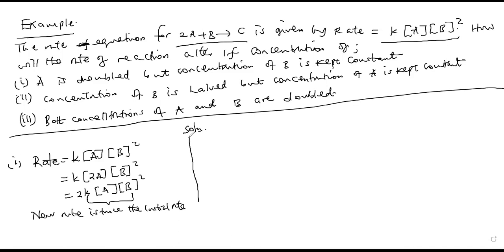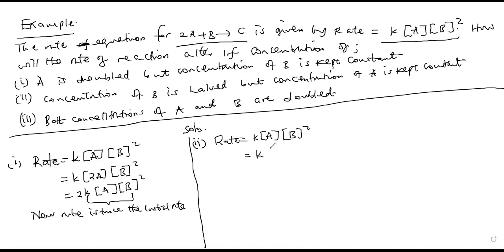As simple as that. Then for Roman 2, they're saying concentration of B is halved, but the one of A is kept constant. So still we shall say rate is equal to K times A times B squared. That is what you have initially. So they are saying the concentration of B is halved.